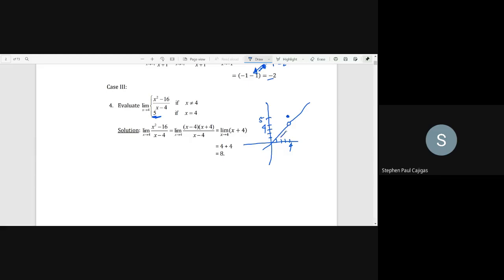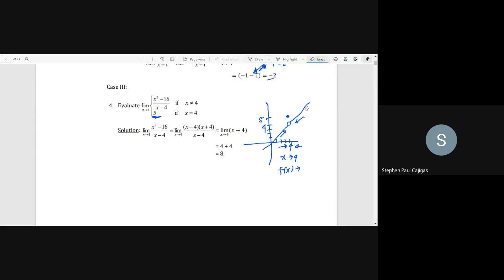But our function, as x is approaching 4, the function is approaching also to 4 on the y. So don't be confused. When x is approaching 4, our f of x or our y is also approaching... sorry, I made a mistake in my graph.